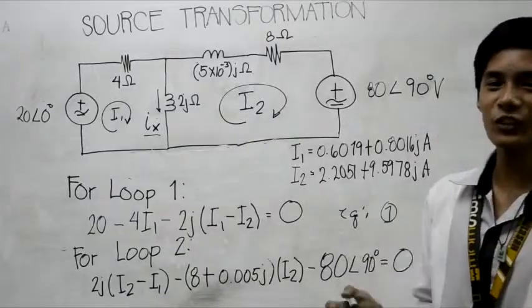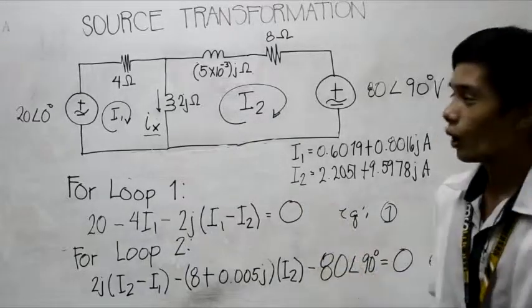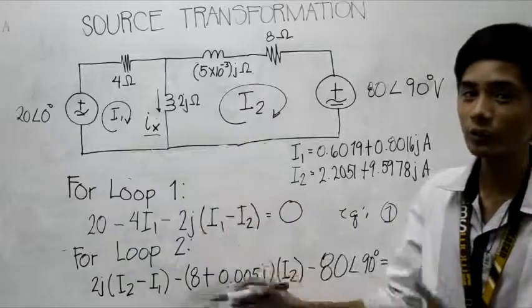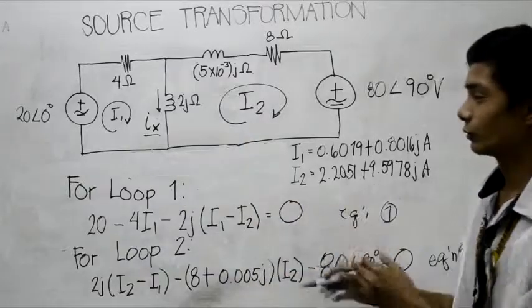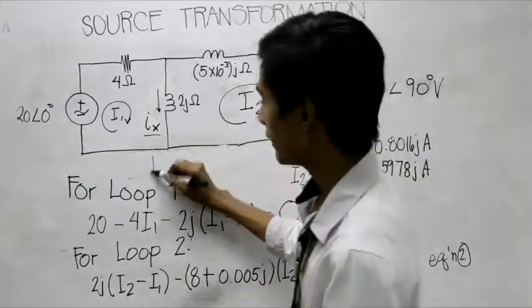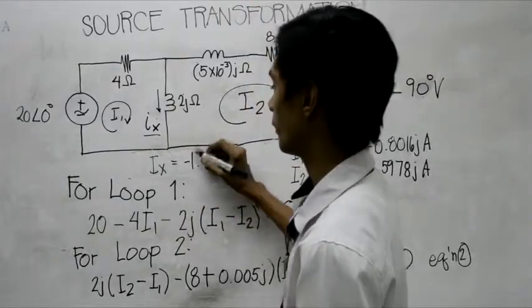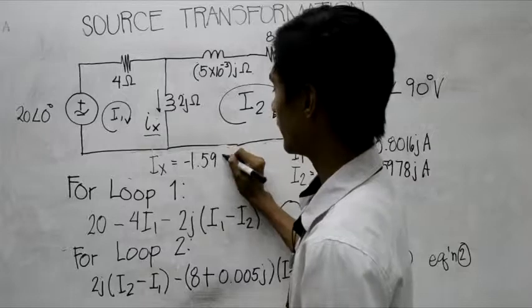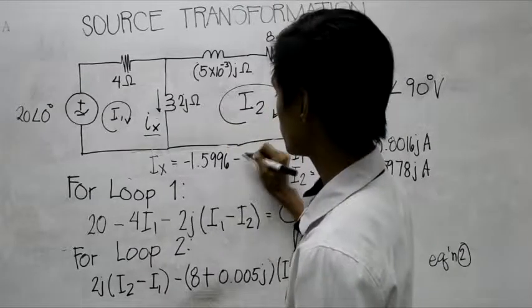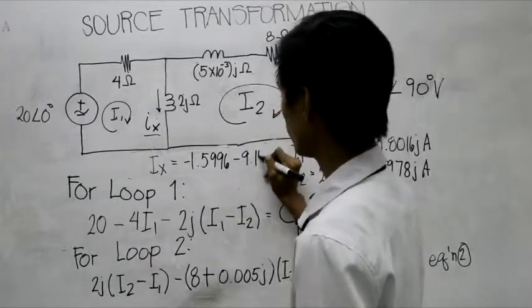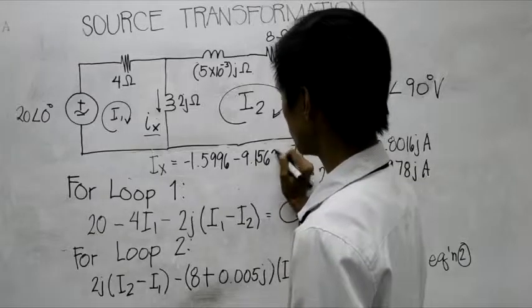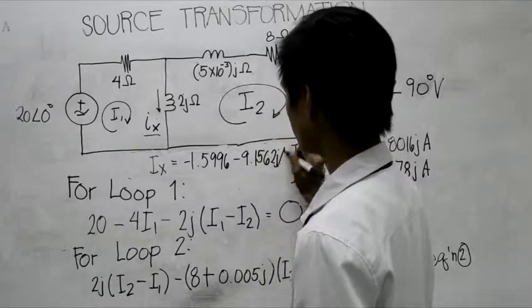Since we already solved the values for I1 and I2, all we have to do to solve Ix is to subtract I1 and I2. Therefore, Ix will be equal to negative 1.5996 minus 9.1562 J ampere.